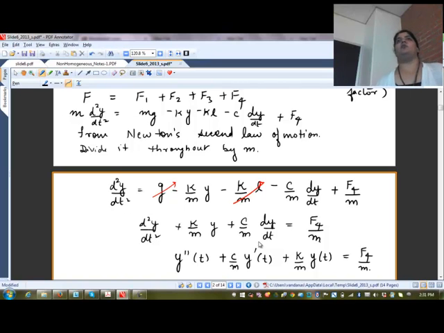I don't want the explicit solution, but physically, what is the solution giving us? y. What is y? y is the displacement which happened when I applied the external force.